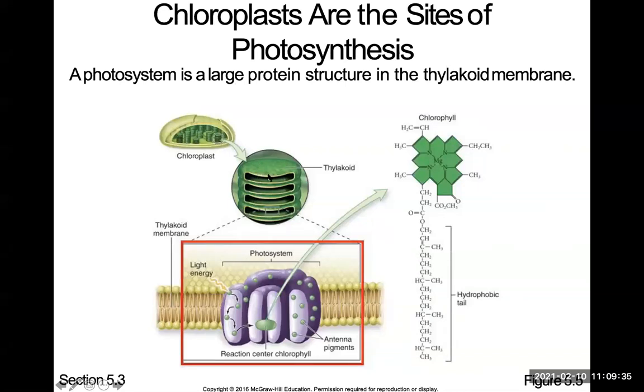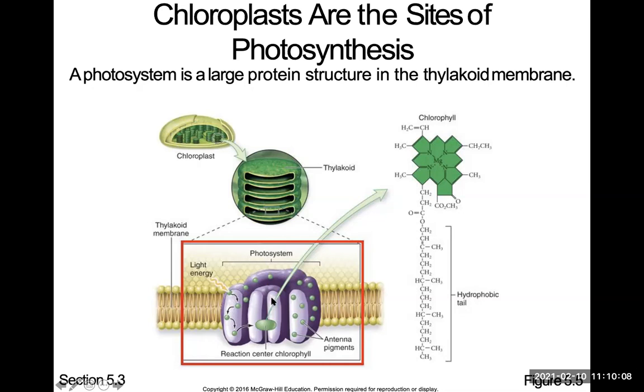Okay, so now we're zooming in on the thylakoid. You take this membrane. So this is thylakoid, thylakoid, thylakoid. This is thylakoid space. You zoom in on that. You're going to notice a phospholipid bilayer, and you're going to have a photosystem there. The photosystem is where it's going to absorb the light, and that's going to cause a reaction, and that's how it's going to produce energy.